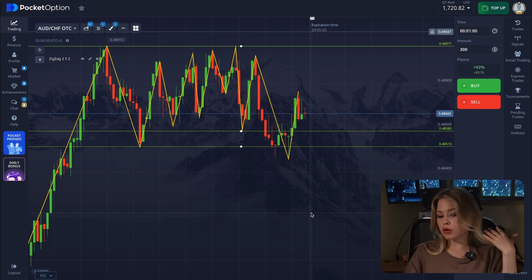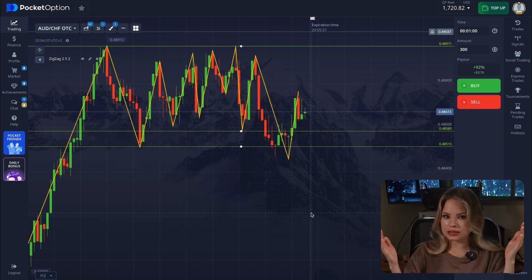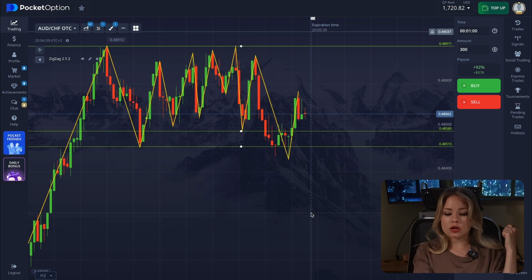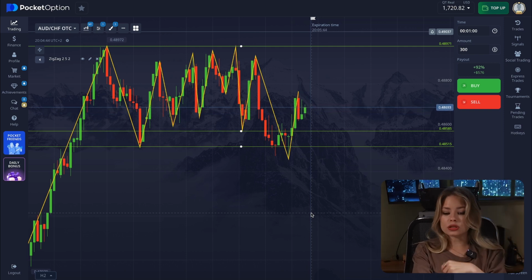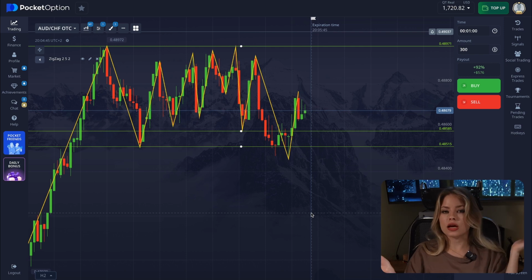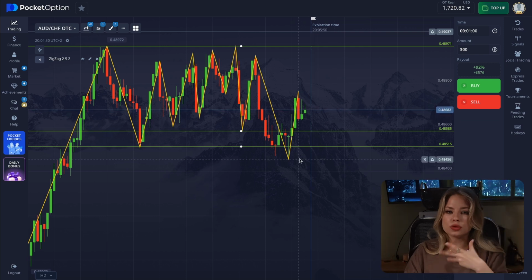Yes, I was waiting for a breakout for a long time, and ZigZag was like freezing. It was waiting for something, and only when I saw that okay, we have an uptrend, it was like confirmation from ZigZag that the price is changing its direction and it will grow.